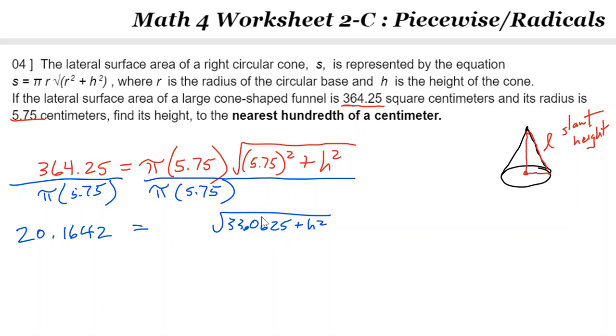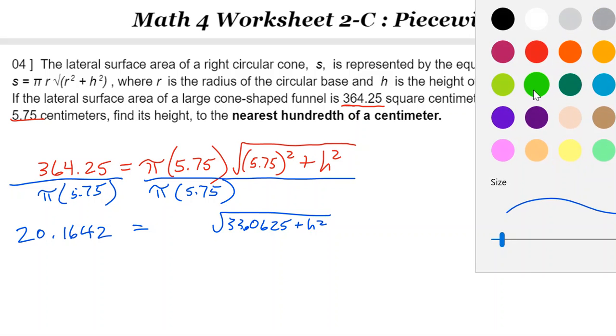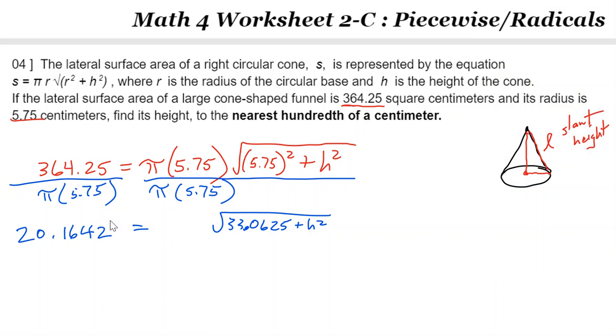Now, if we're going to get the h out from underneath this, we're going to have to square both sides. We're going to square this and square that. And so what we're left with is this and that.